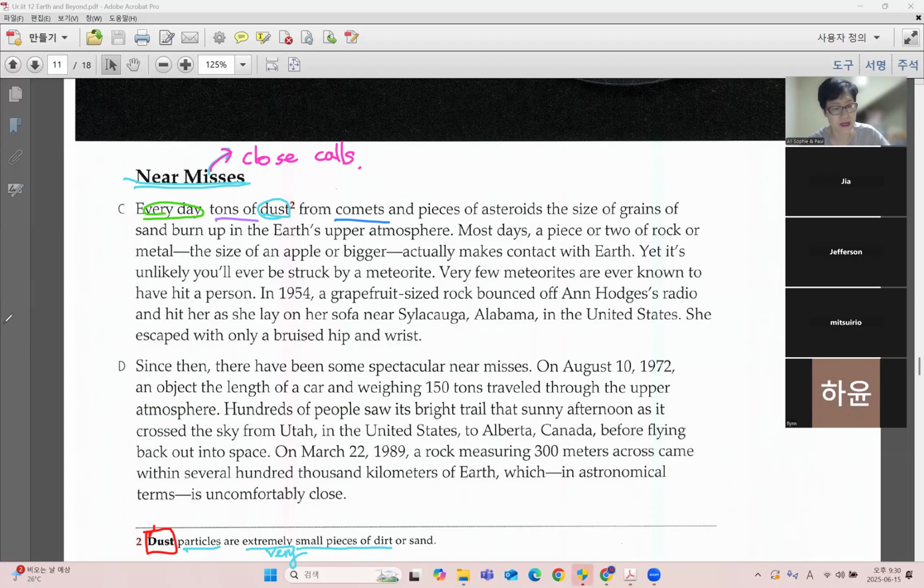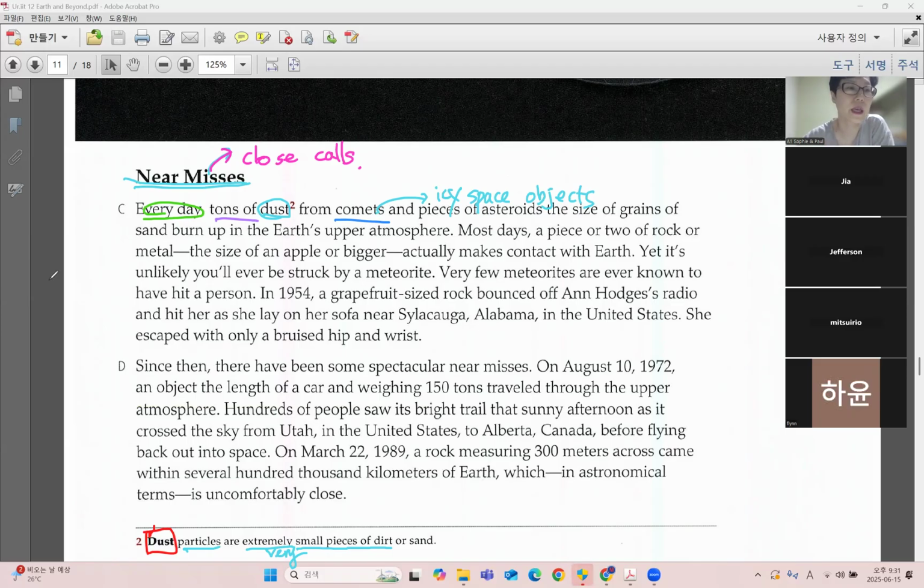Comets means icy space object. This is icy, not ice. Icy space object. Every day, tons of dust from comets and pieces of asteroids.